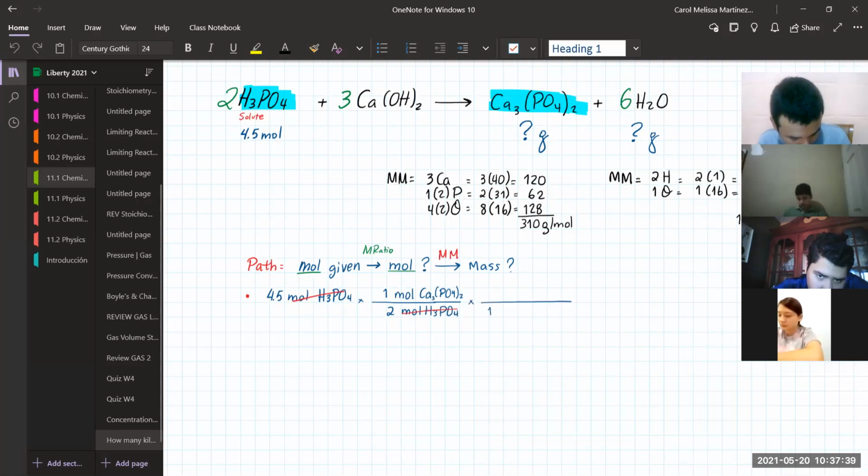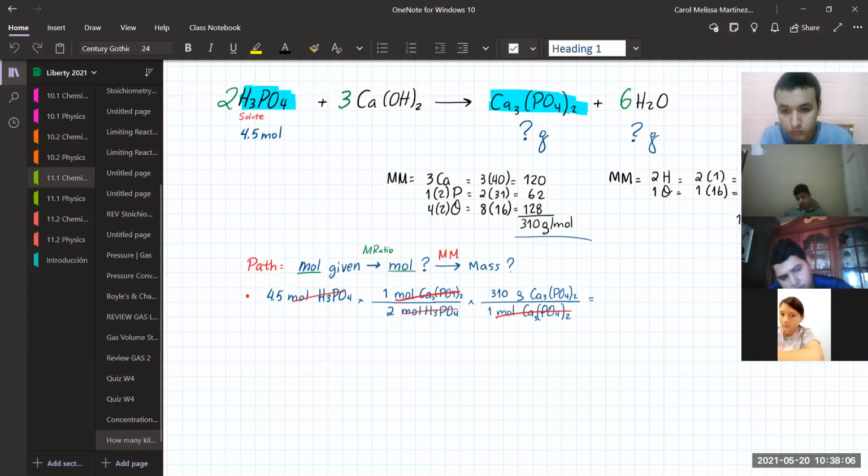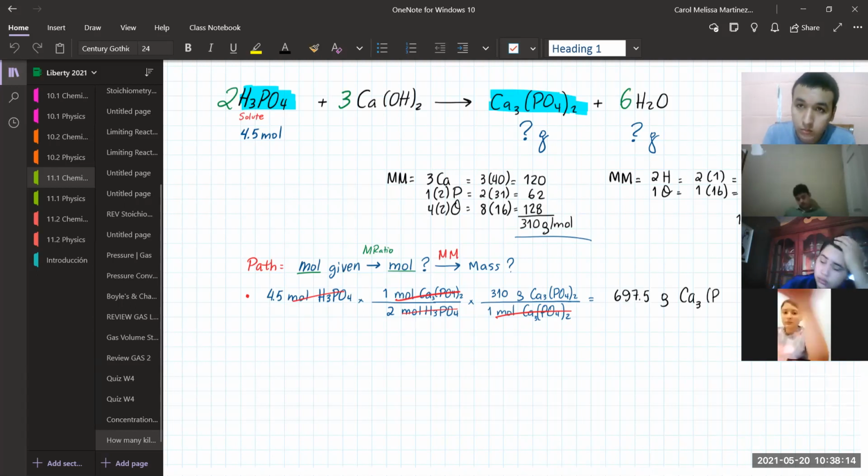So I say 1 mole of calcium phosphate has a molar mass of 310 grams of calcium phosphate. How much is this? 697.5 grams of calcium phosphate.